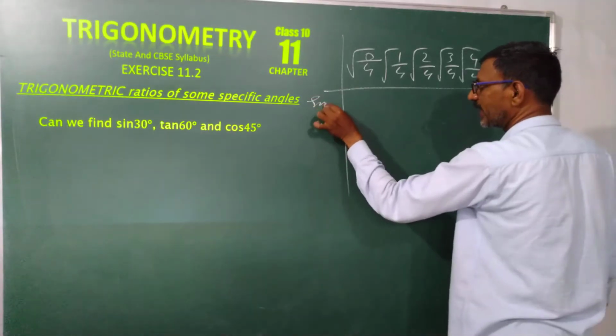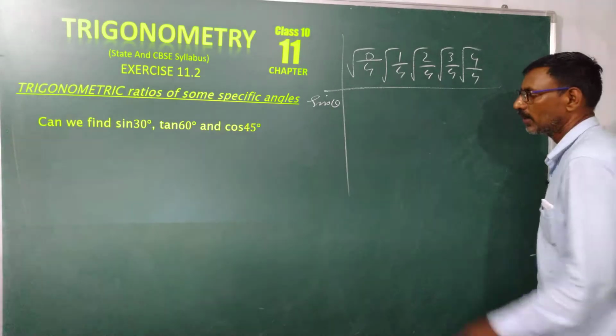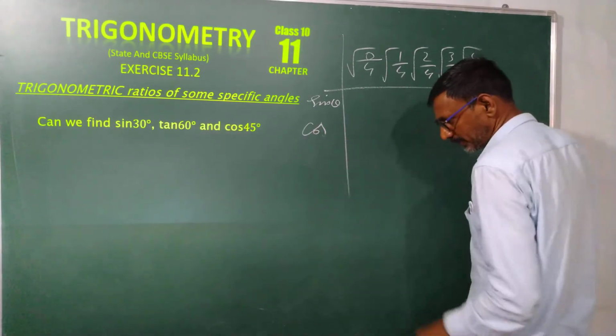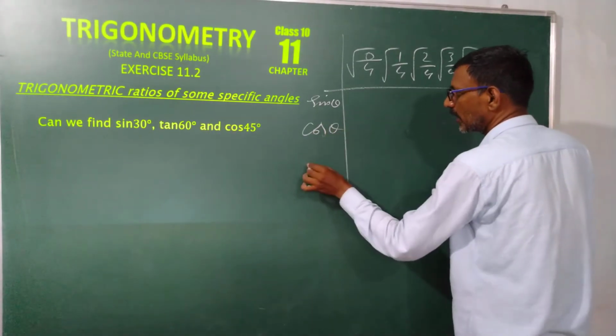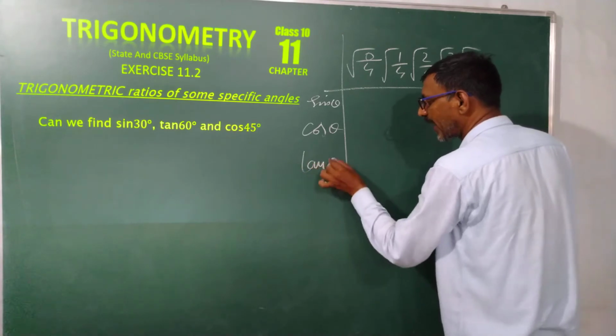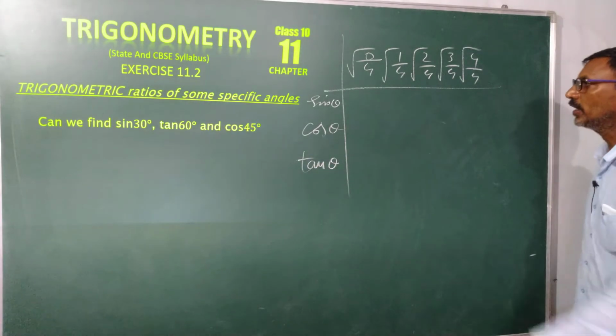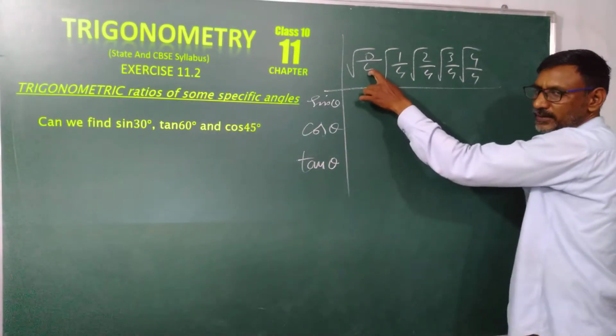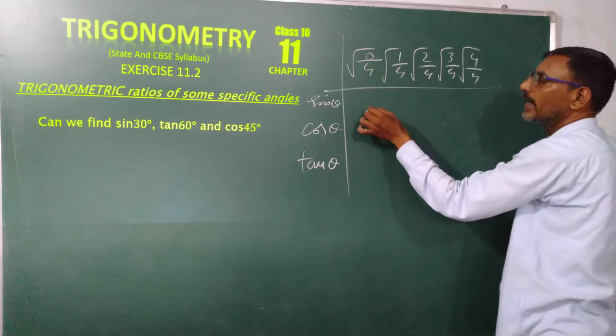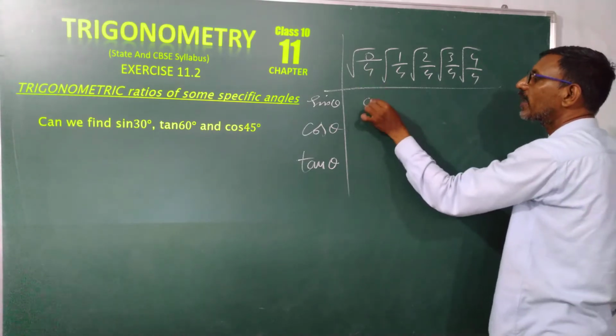And this is my sin theta, this is my cos theta, and this is my tan theta. 0 by something? 0. Am I right? The square root of 0 is 0.